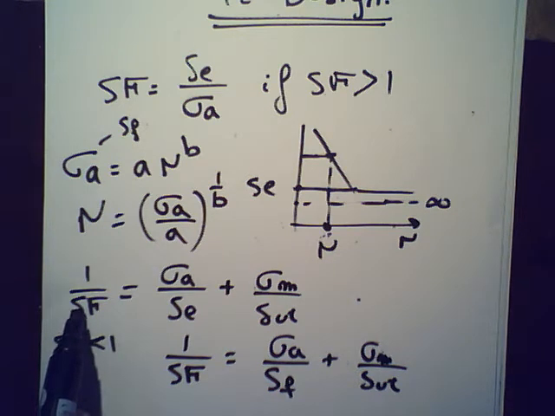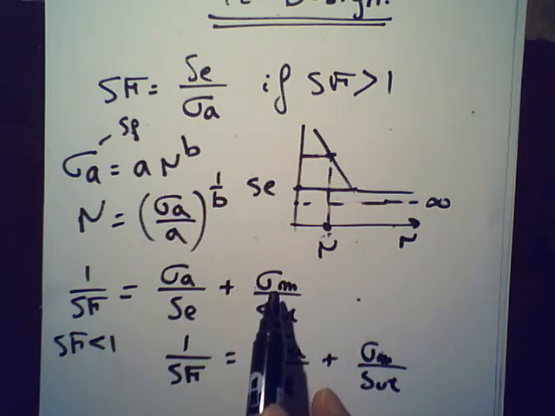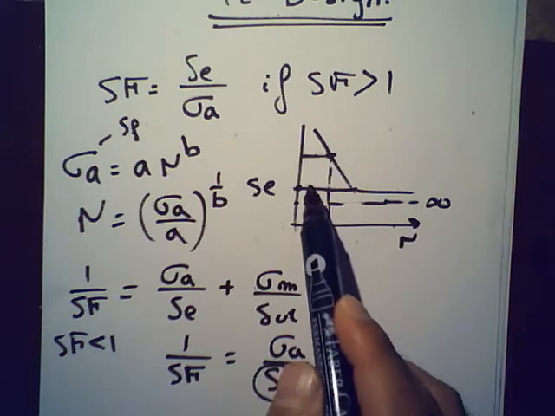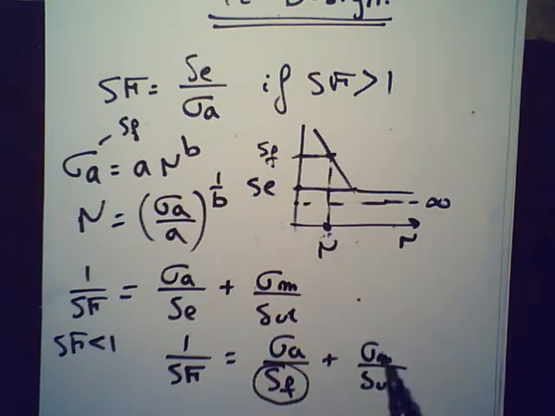If the safety factor is lower than 1, then we know it's going to fail because of fatigue. But if you want the number of cycles, we can rewrite this equation and solve for Sf. When I am solving for Sf, I'm solving for this Sf right there, from which I can get the number of cycles. So I would have sigma M and I would also have SUT, but now what is the safety factor?